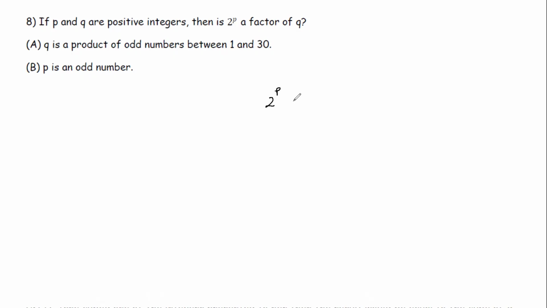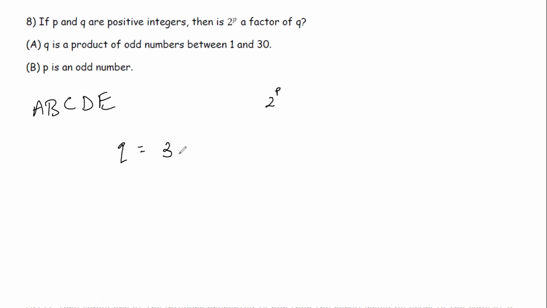In other words, is Q a multiple of 2 to the power P? Okay. So A, B, C, D. Statement one: Q is a product of odd numbers between 1 and 30.